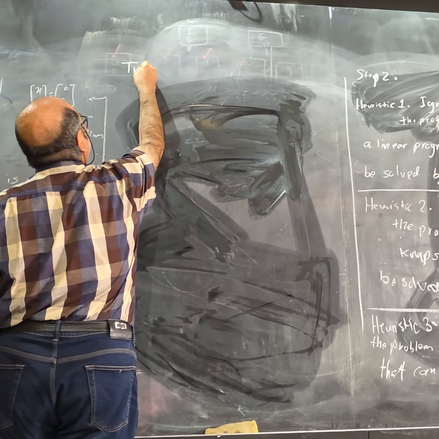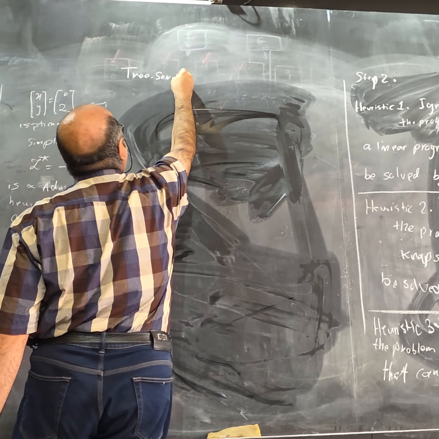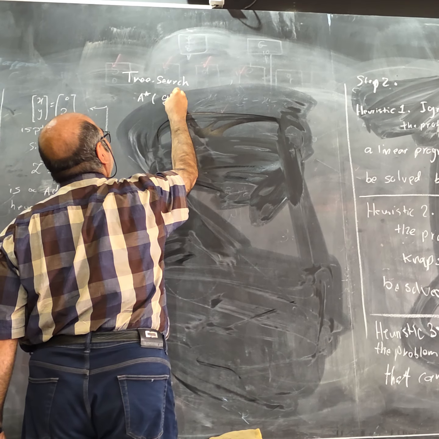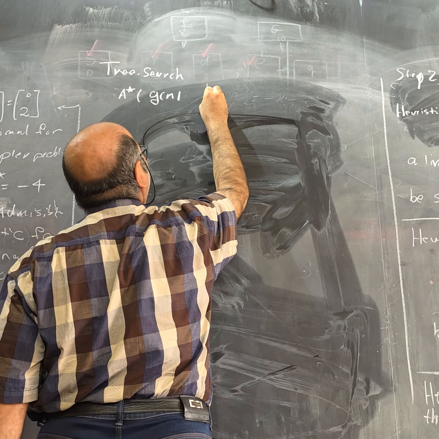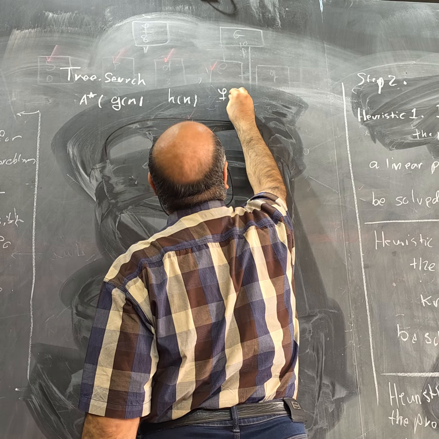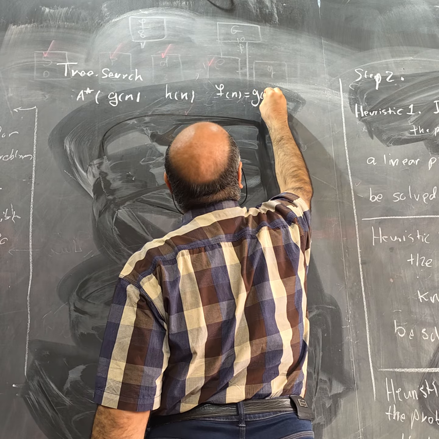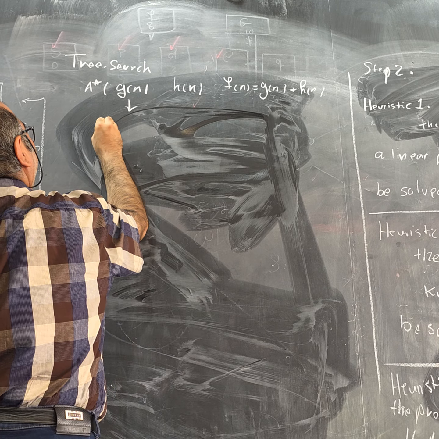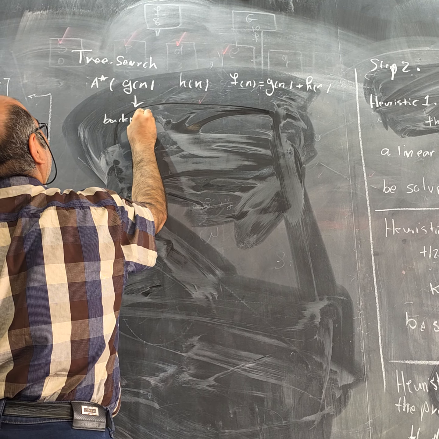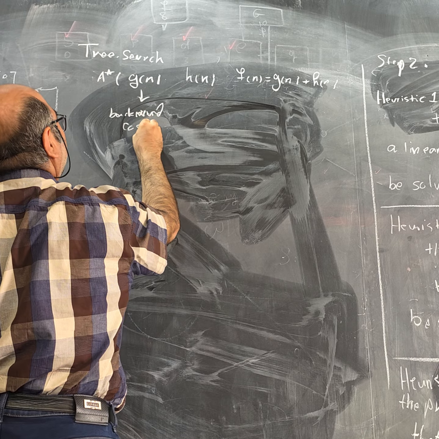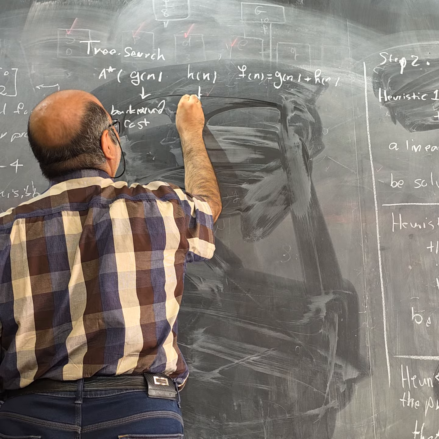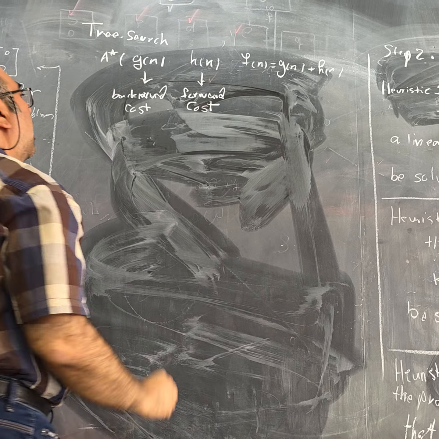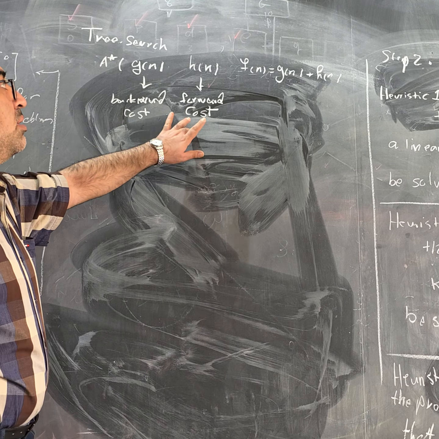In the tree search, we define A star including g(n), h(n), and f(n) as the sum of g(n) plus h(n). g(n) is the backward cost, which is exact. h(n) is the forward cost, and it is an estimation.